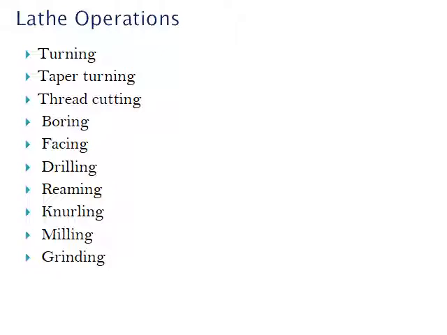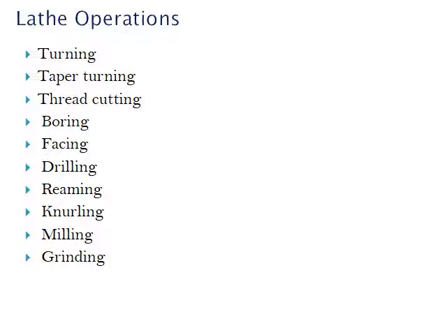D is the bigger diameter of the tapered area, small d is the smaller diameter of the tapered area, and L is the length of the tapered area, not the complete job length. This is very, very important. Many students make the mistake of taking the total job length of 100 mm and putting 100 into 2. That is wrong. In this case, I am discussing only the tapered area.